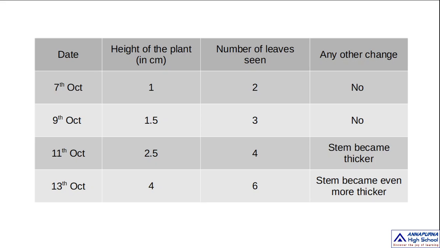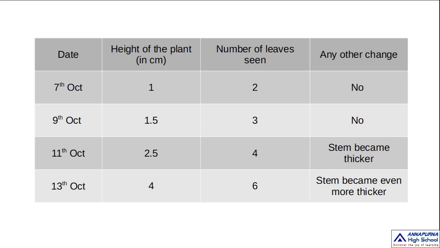Next, 11th October. The height, how much? 2.5 centimeters. Number of leaves? 4 leaves. Any other change? Yes, the stem became thicker. If it increases day by day, automatically the stem becomes thicker. అంటే కొంచెం లావుగా అవుతుందన్నమాట.